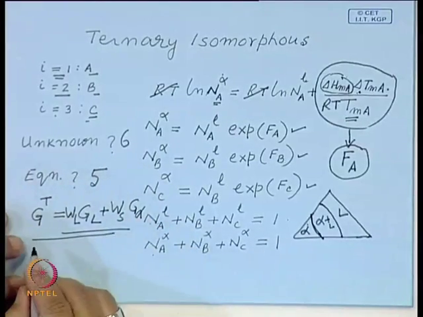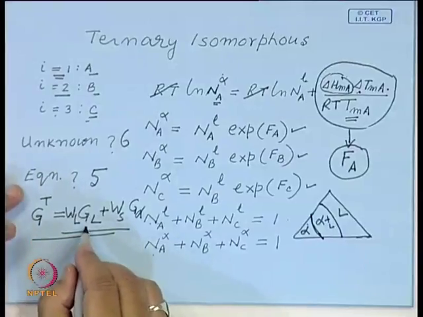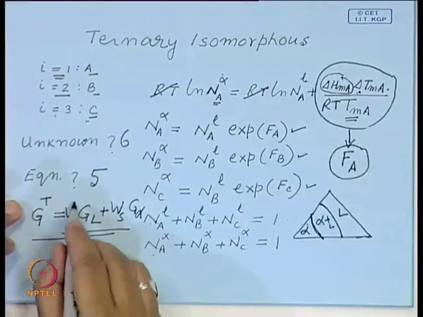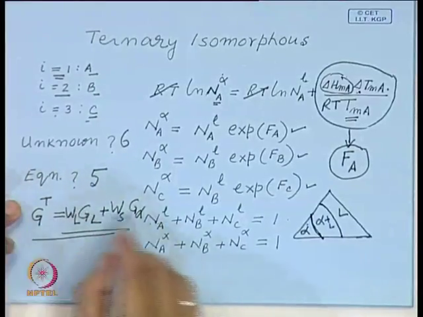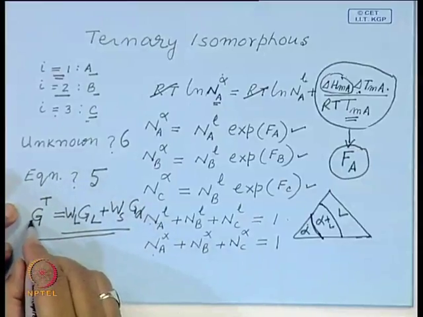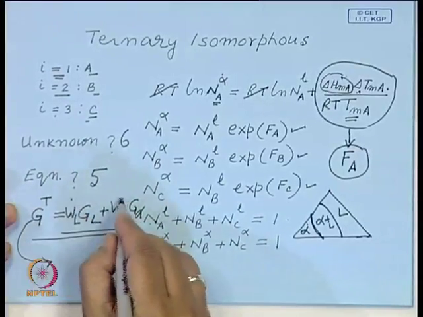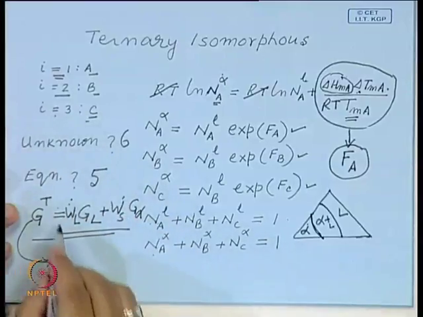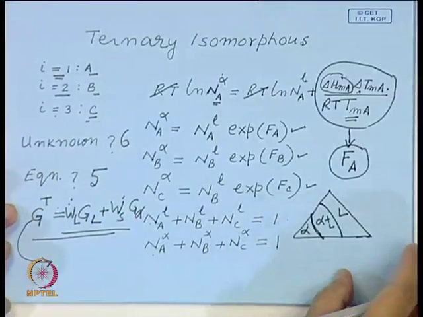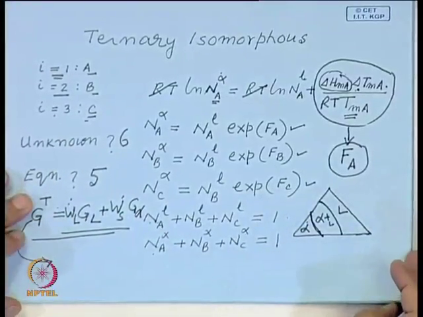You construct this. Now you change these weights and try to minimize, and find at what values of these weight fractions the free energy is minimum, and this can be done on a computer easily.